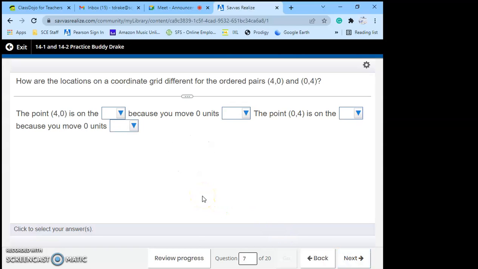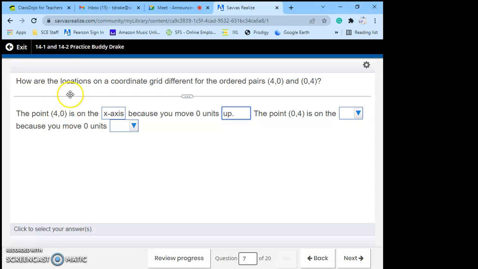How are the locations on a coordinate grid different for the ordered pairs 4, 0 and 0, 4? Well, 4 is the X, 0 is the Y. The point 4, 0 is on the x-axis because you move 0 units up.